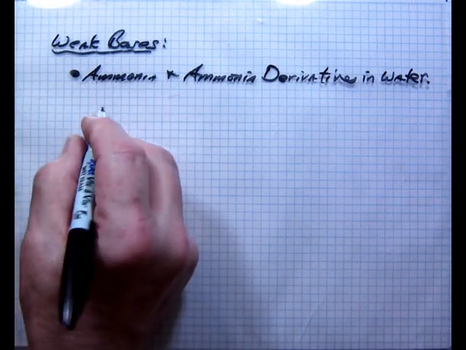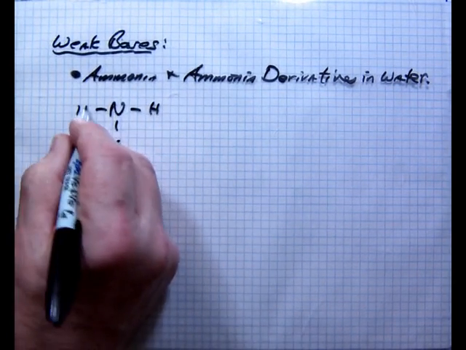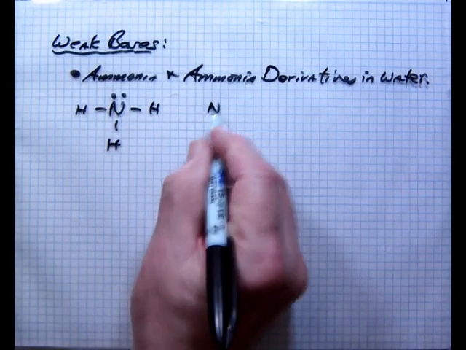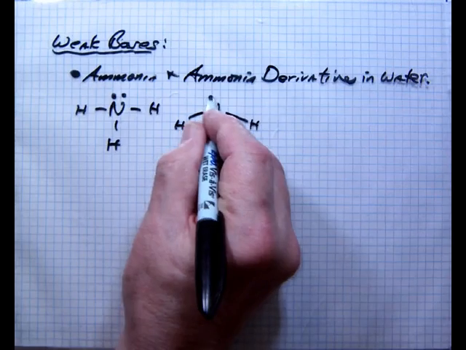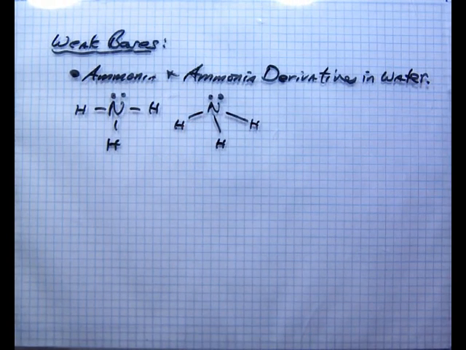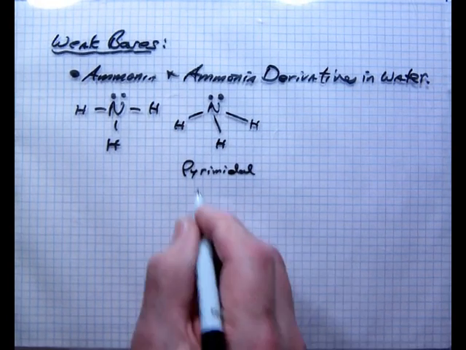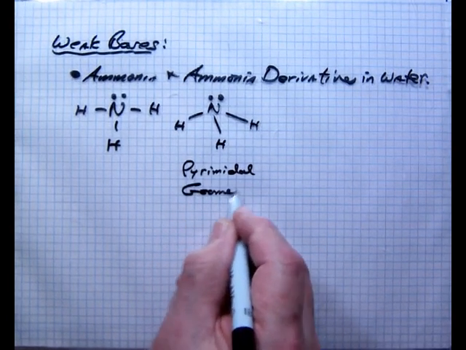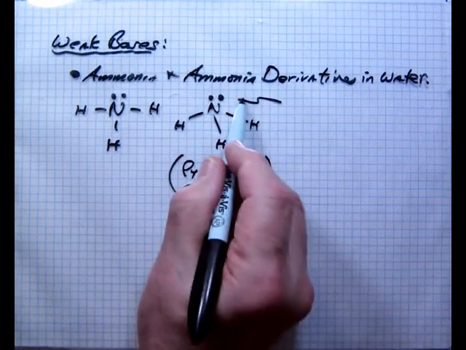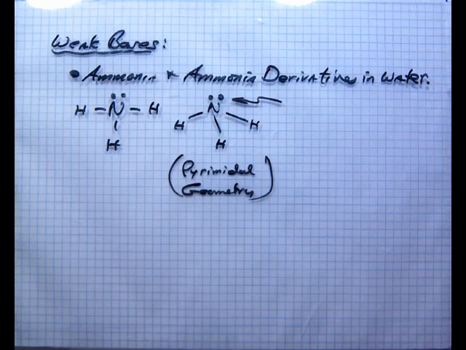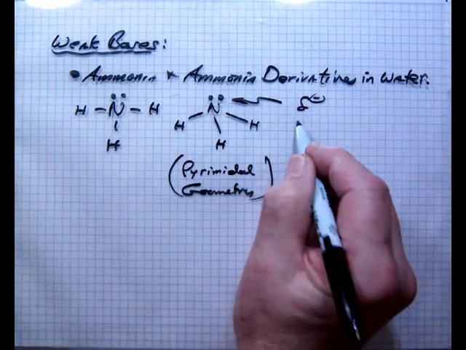Ammonia is an NH3 molecule in a pyramidal structure, if you have to do it that way, and three-dimensional, with an electron pair at the top, which carries a partial negative charge.